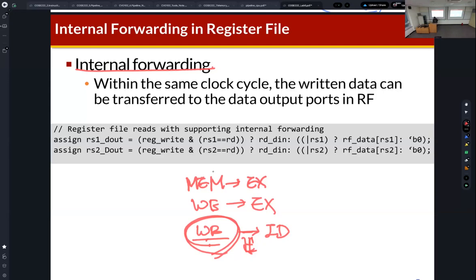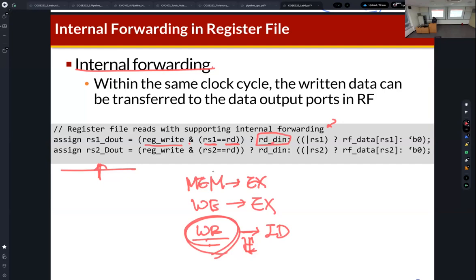Okay. So if you read the register file module, then you can find that this part, the internal forwarding, is already implemented. As you can see, RS1 is equal to RD, and RD in is the updated write data. So the updated data is forwarded when it's the write enable, and RS1 is equal to RD.